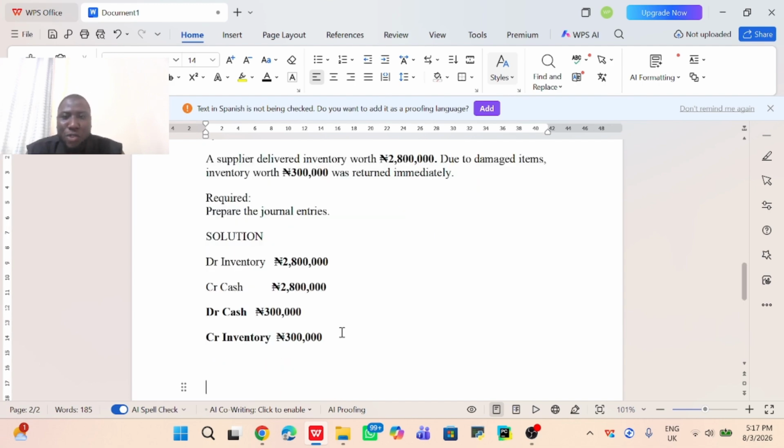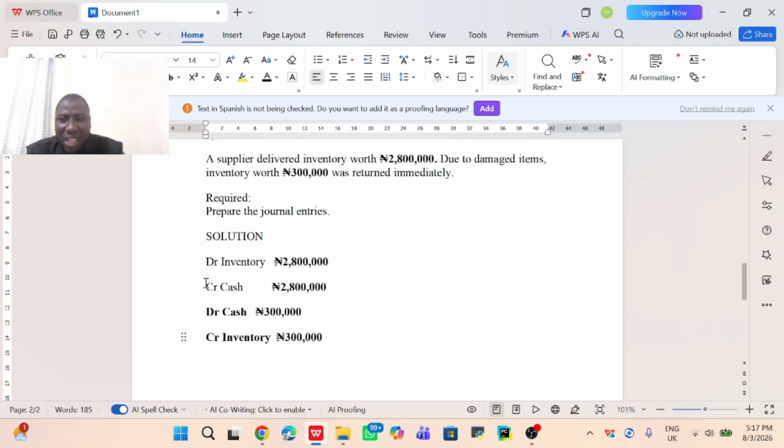So if you prepare your account now, let us say we prepare the inventory account. This will be debited, this will be credited, and you have a balance of 2,500,000 naira. That is exactly the amount of goods you have at hand now.